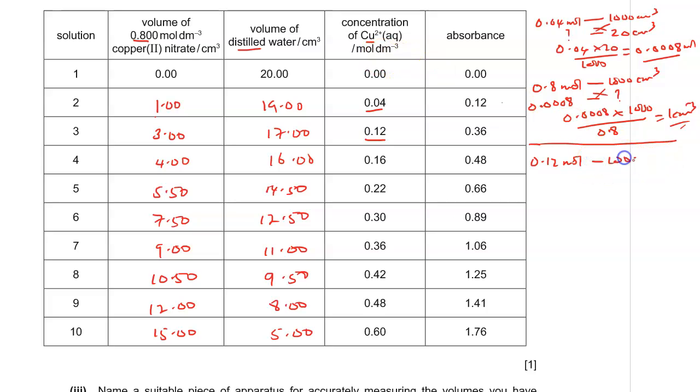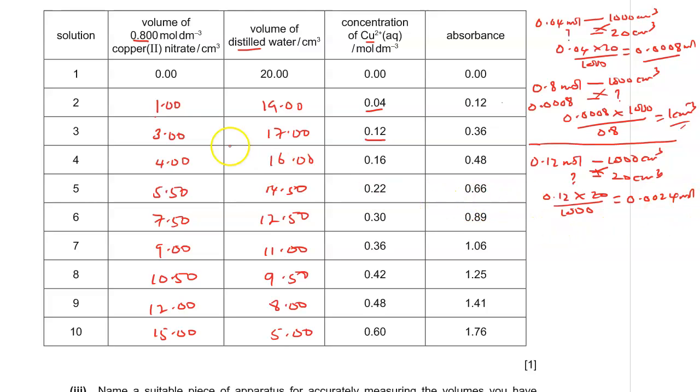So we have that in 1,000 centimeters cubed. Then you ask yourself, then in 20 centimeters cubed, what will be the number of moles? Then you multiply this times 20 or divide by 1,000, and what you get is 0.0024 moles.